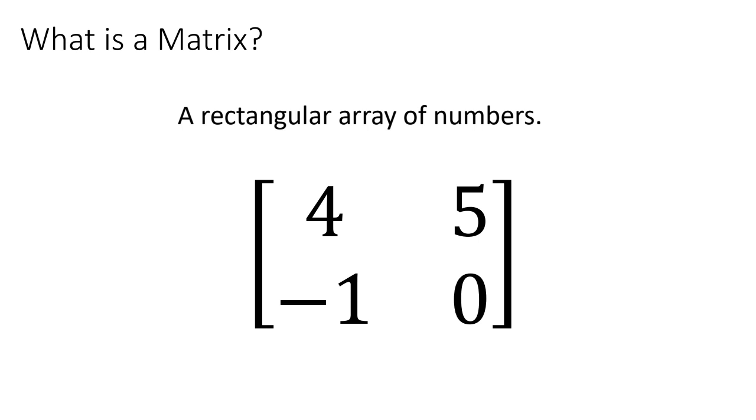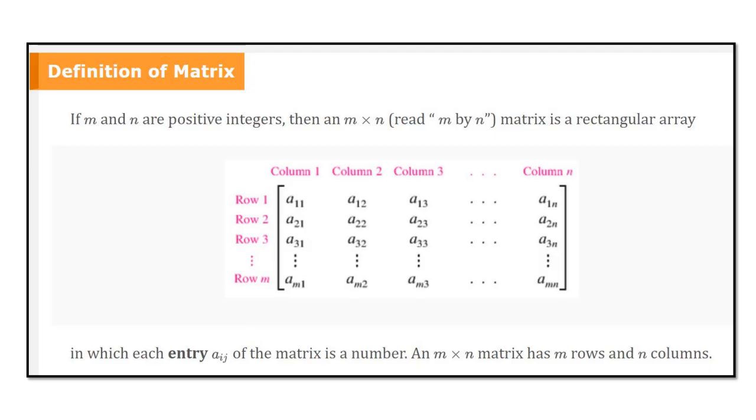A matrix is just a rectangular array of numbers. And inside of the matrix, we have what we call elements. So every number inside the matrix, these are called elements. Your matrix is made up of rows and columns. The rows are the ones that go horizontally, and the columns are the ones that go up and down, so vertically.